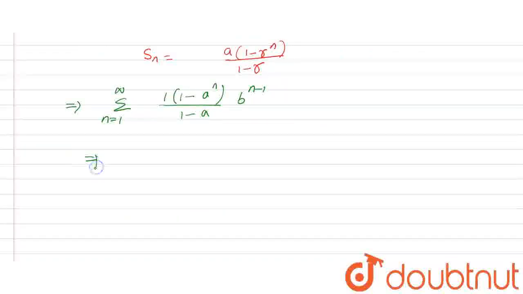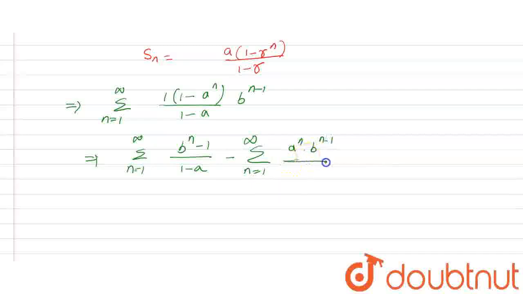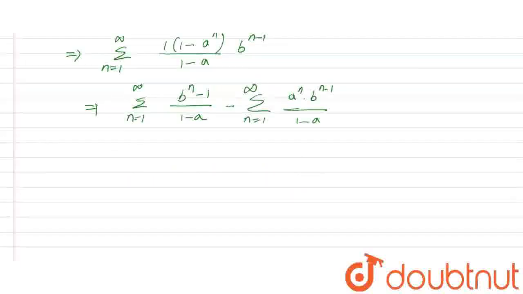Now this becomes the summation, n from 1 to infinity, of b^(n-1) upon (1 - a) minus a^n b^(n-1) upon (1 - a). I have multiplied with both terms of (1 - a^n) and divided separately. Now 1 upon (1 - a) comes out of the summation as it does not contain n.